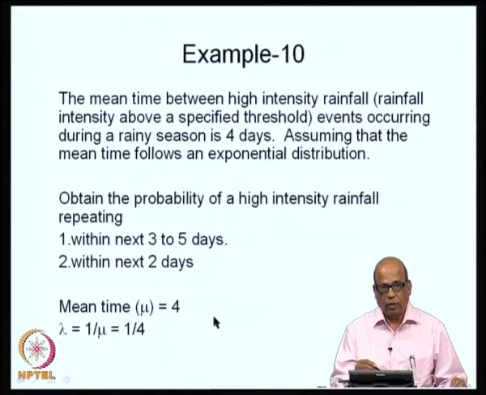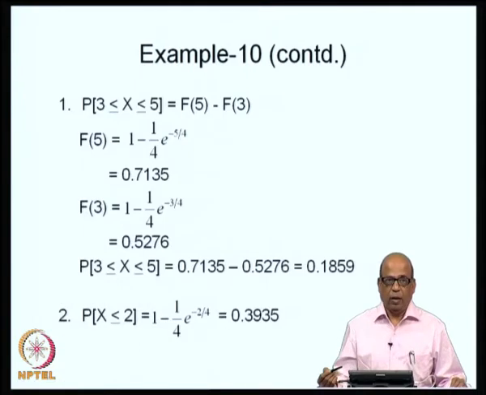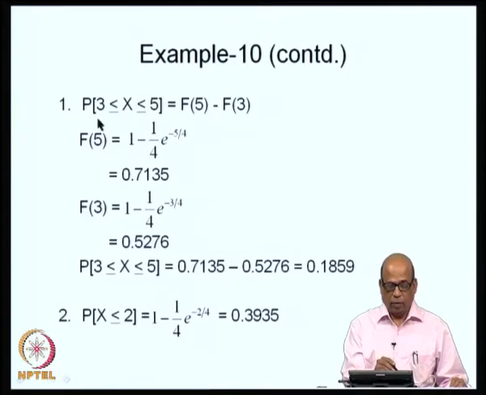So, first we estimate the lambda, which is the parameter required for the exponential distribution, as 1 over mu, which is 1 by 4. So, once you get lambda, the exponential distribution is completely defined, and from that we will be able to talk about the probability that x takes on values between 3 and 5, which is given by F of 5 minus F of 3 from your fundamentals.